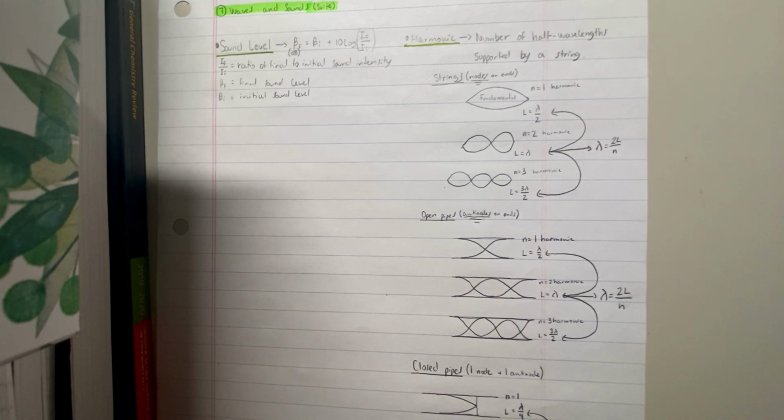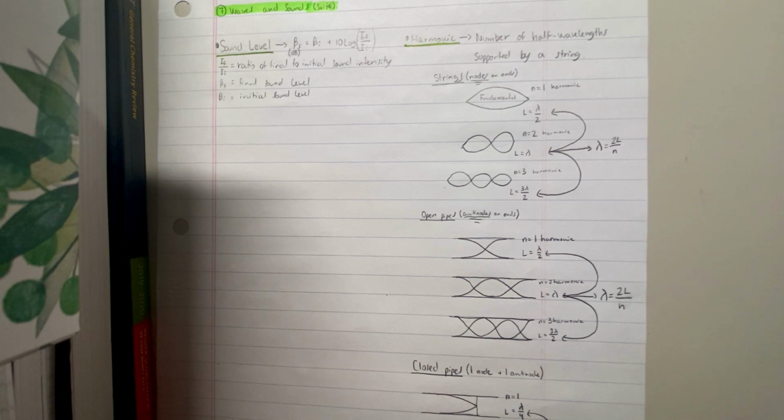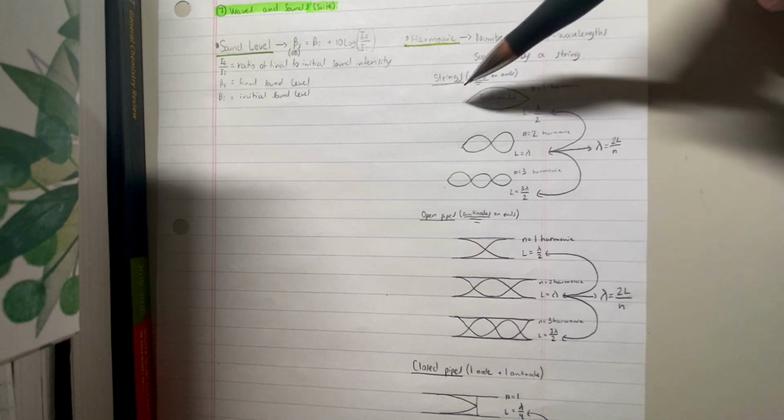And to wrap it up, we'll have the harmonic, which is also another important subject in this chapter. Harmonic is basically the number of half wavelengths supported by a string in this case, but there are different harmonics. There are harmonics that are attached on both sides, which would have a node on both sides.